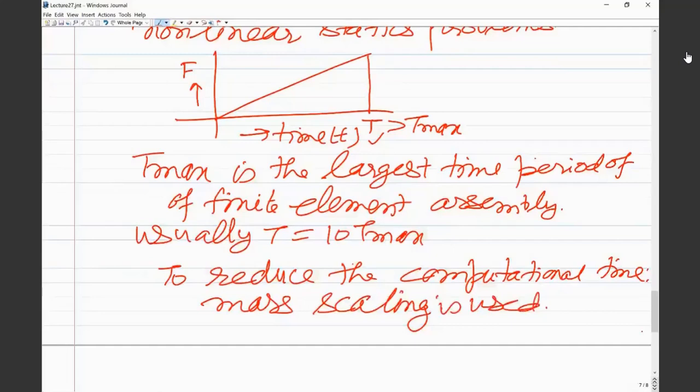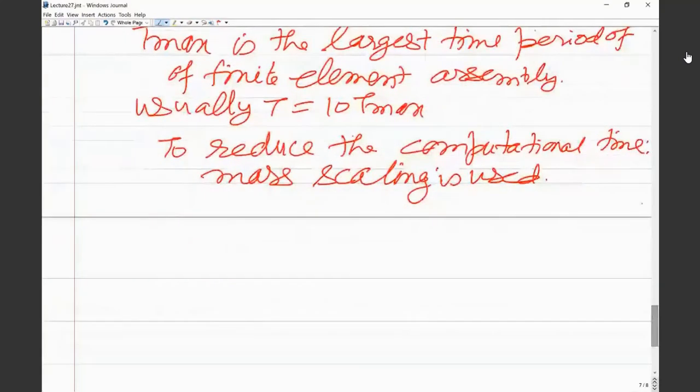So this is what I wanted to discuss in the explicit time integration techniques. Sir, what is mass scaling basically? Please repeat, your voice was not clear. Sir, what is mass scaling basically? Mass scaling is increasing the mass of the system, such that the highest natural frequency comes down, so the delta T critical will increase.